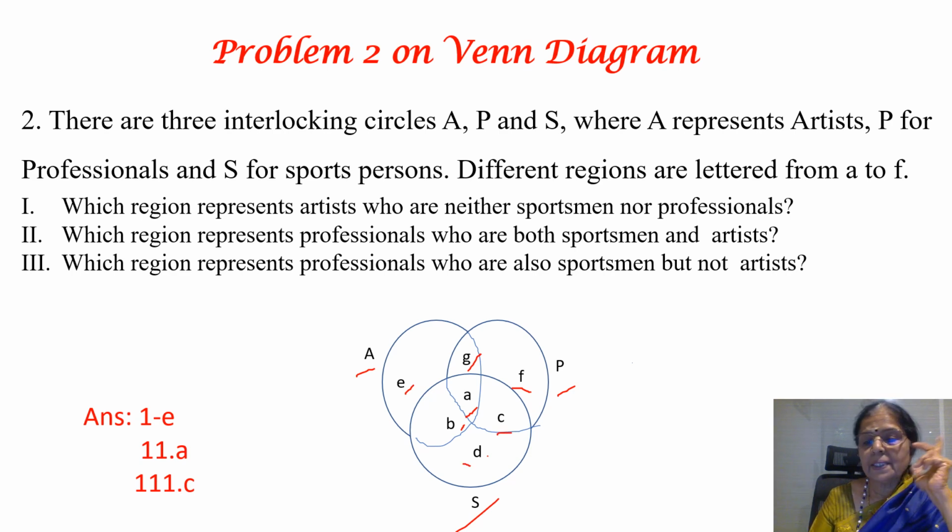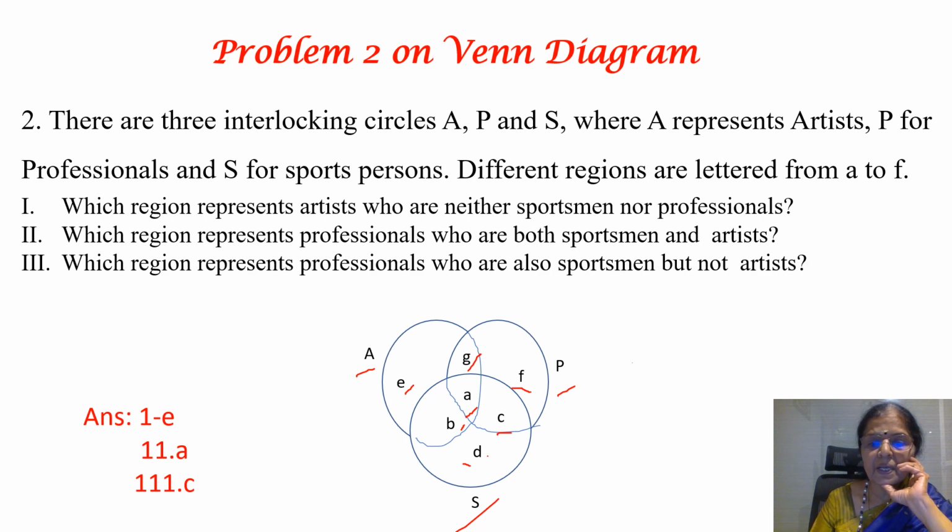Now read the question. There are 3 questions you have to answer. First question: which region represents artists who are neither sportsmen nor professors? Neither means they are only artists. So A represents artists, this group.